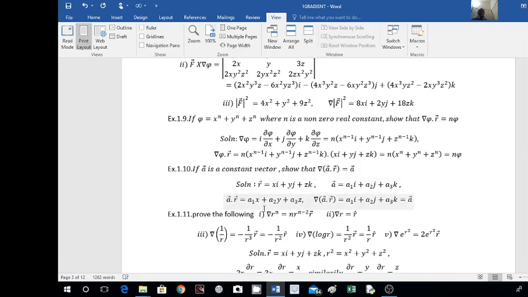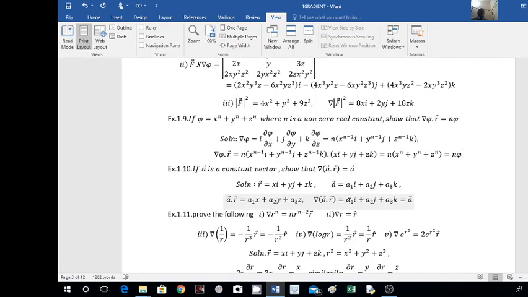And if I take del on this a dot r, that means i dou by dou x of this plus j dou by dou y of this plus k dou by dou z of this, that is equal to i into dou phi by dou x. Differentiation of this with respect to x is a1; the derivative of the other terms with respect to x is 0.